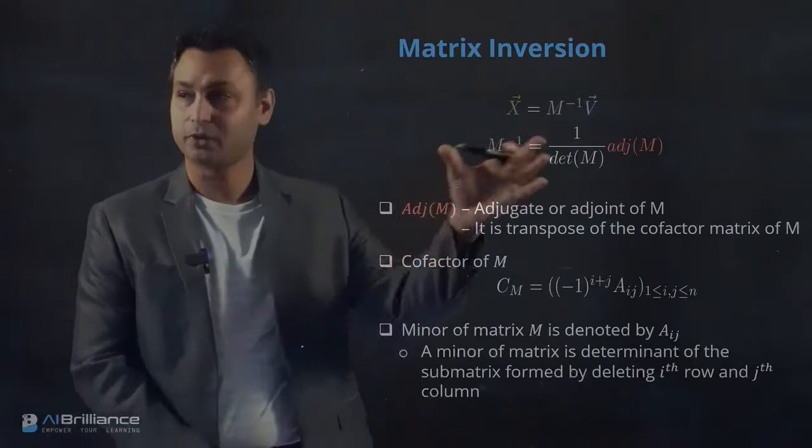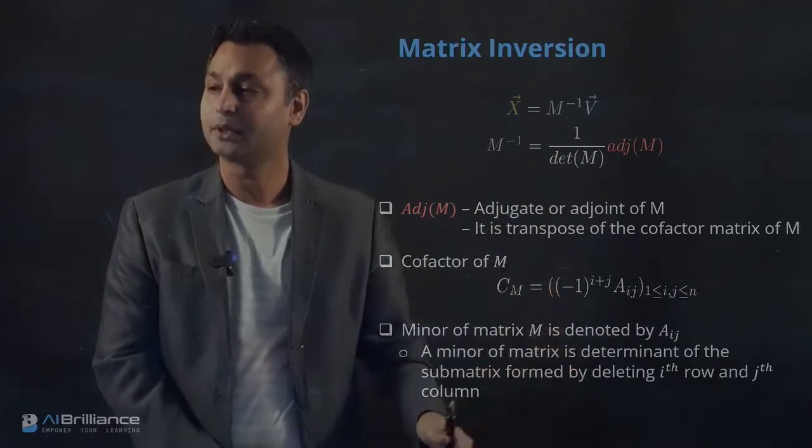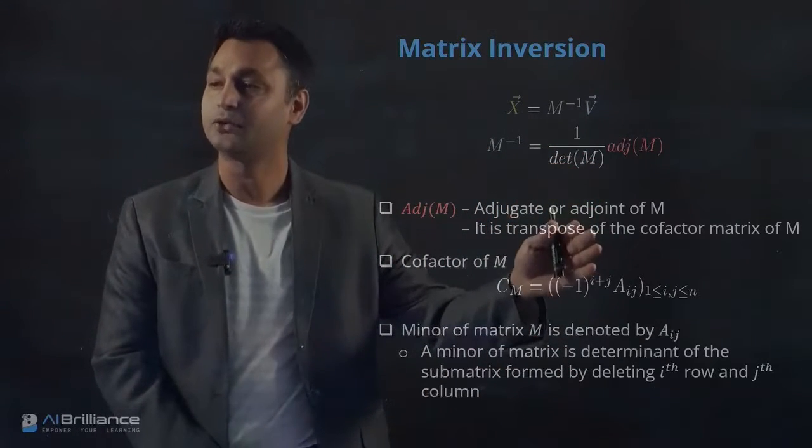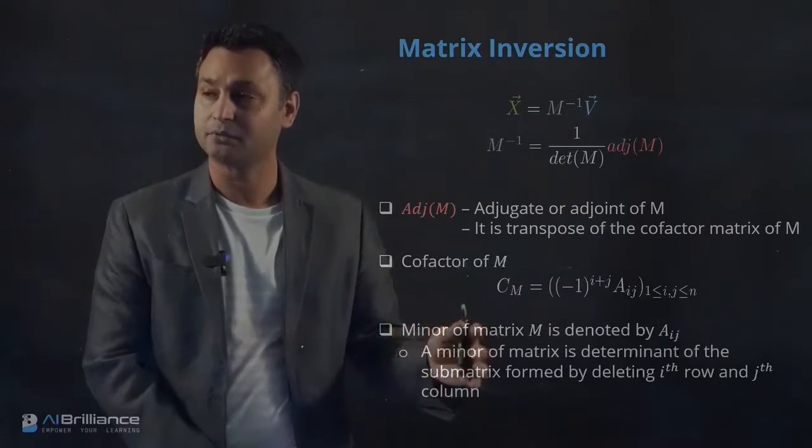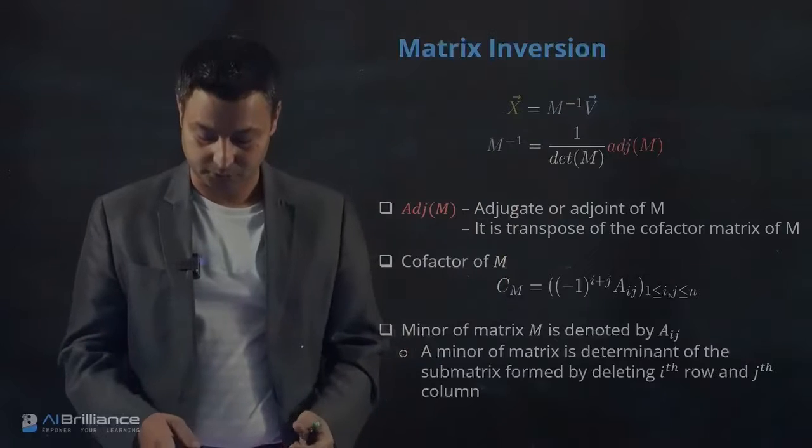So let's first focus on matrix inversion and a numerical example that goes through how to calculate the adjoint, determinant, cofactor, and matrix minor, which are involved in computing the inverse.